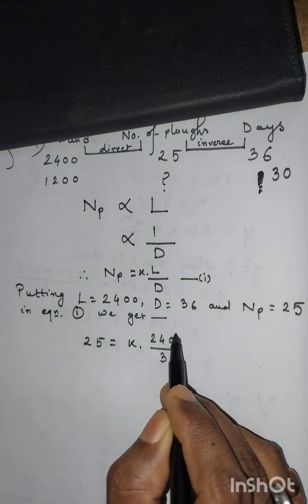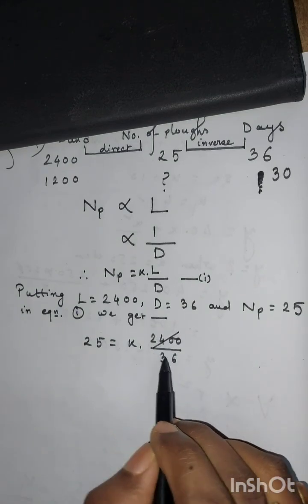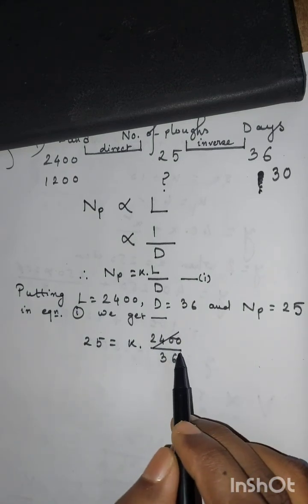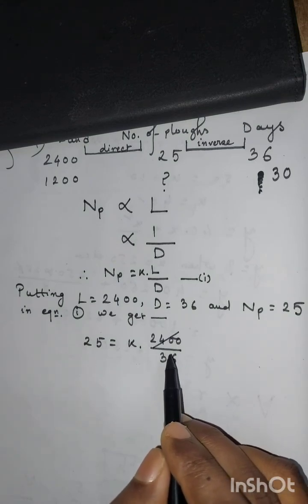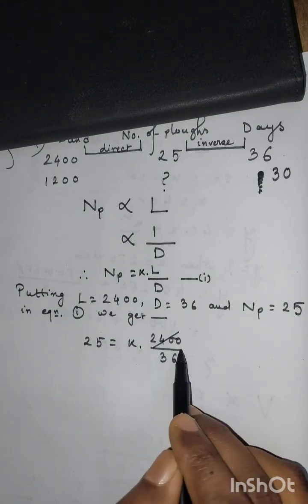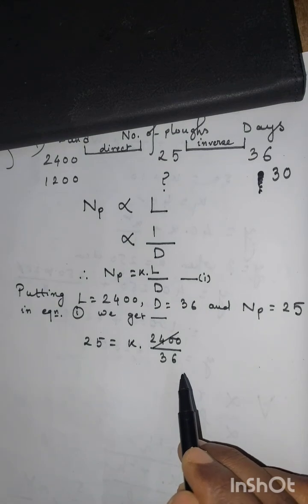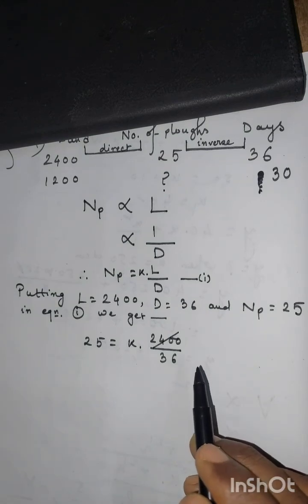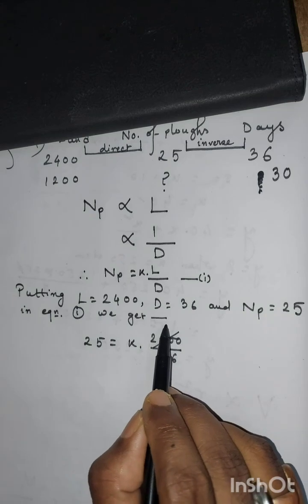Now let us divide the numerator and the denominator by 12, so it becomes 200 by 3.